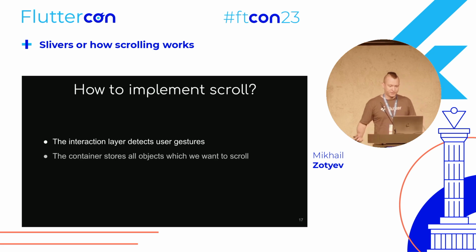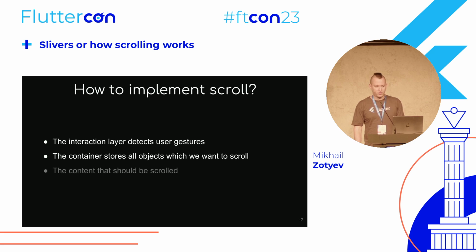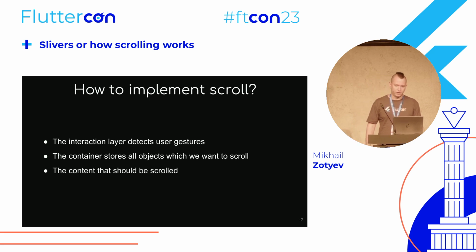So it's the first responsibility. And the second one is a place where we do this scrolling, because we need somewhere to scroll objects, so we need a place. And the third one is rather passive, but also we cannot scroll nothing. We need the content which will be scrolled in this.